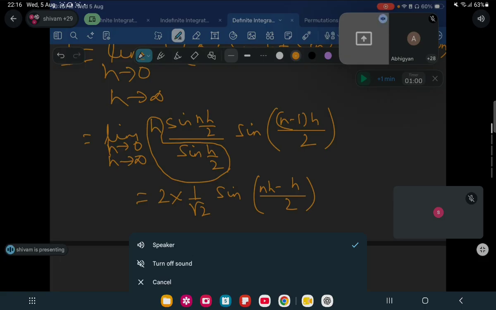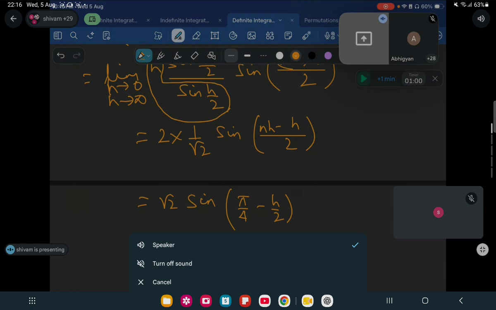So this will become root 2 into sine of pi by 4 minus h by 2. And where does h tend to? 0, right? So again, we are getting sine pi by 4. What is sine pi by 4? 1 by root 2. So root 2 into 1 by root 2 will give us 1.